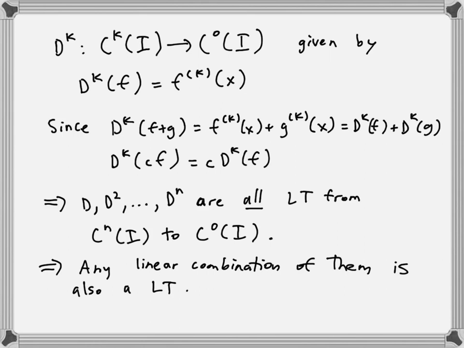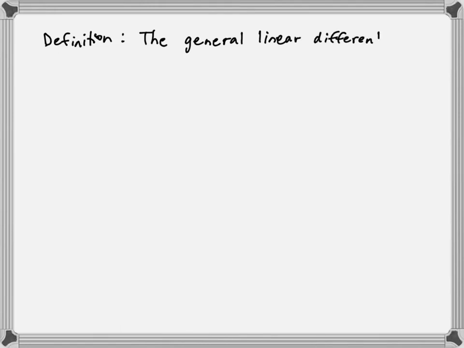And so this leads us to the following important definition that we're going to be using for the rest of the chapter, okay? So, definition. We have something called the general linear differential operator of order n.